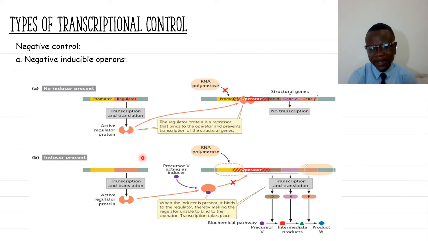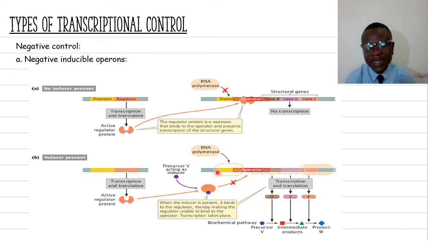But look down here, we have an inducer present. So once an inducer is present, it binds to what? To the allosteric site of this regulatory protein. So once it binds to the allosteric site of the regulatory protein, it prevents it from binding to the operator. Henceforth, the RNA polymerase can now bind to our promoter and carry out the process of transcription.